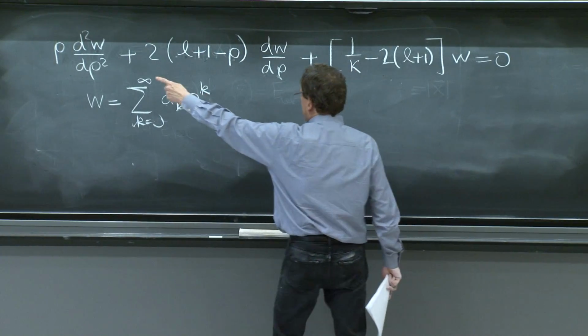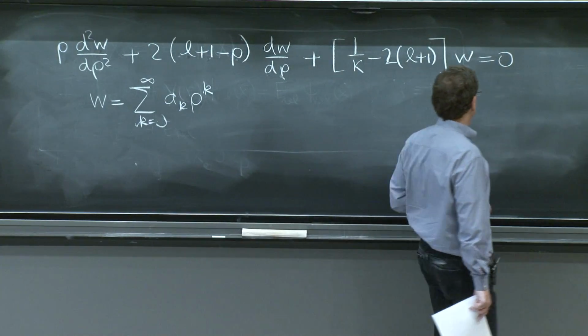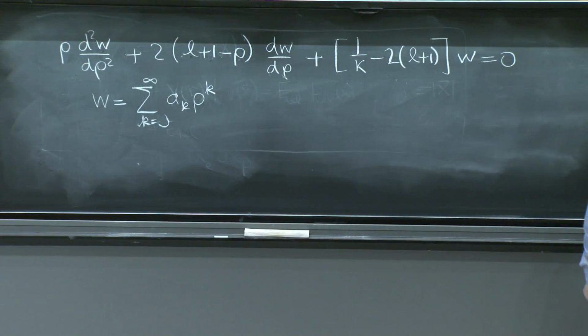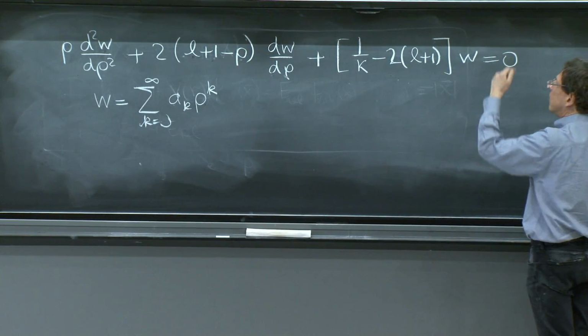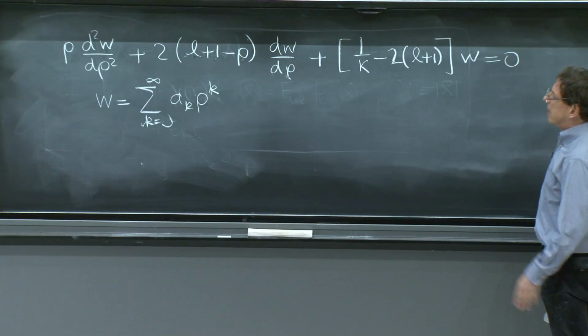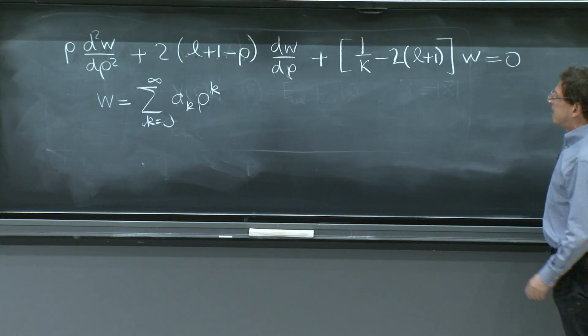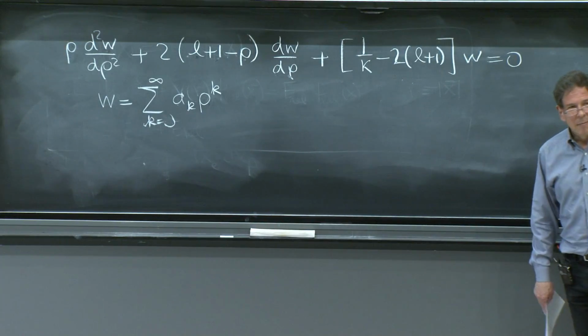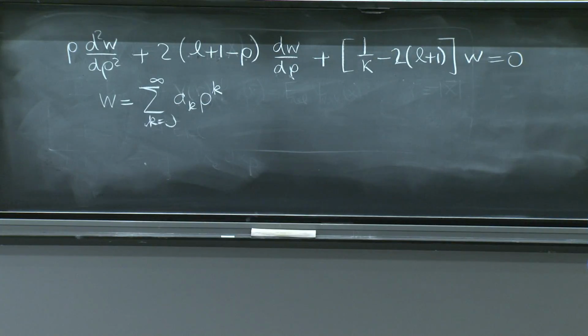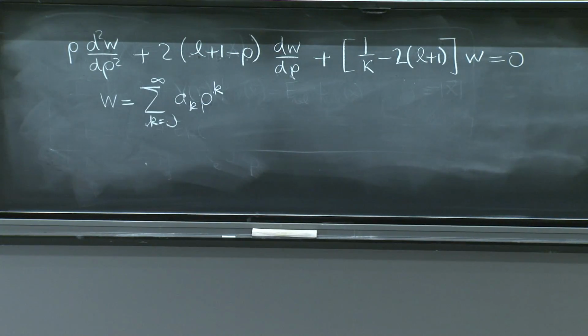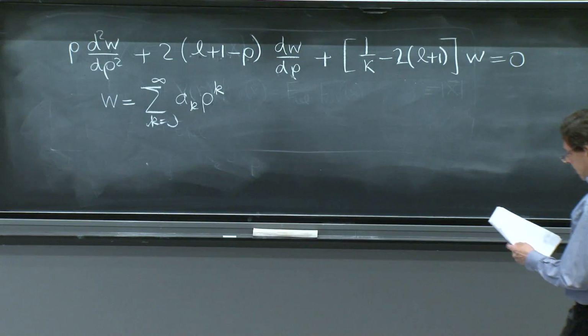Since everything is equal to 0, the coefficient of rho to the k in this equation should be 0. That's the easiest way to select the powers. That's good practice. You should do it. I won't do it here. We've done it in a few cases.